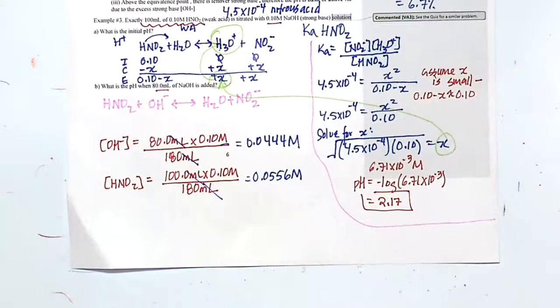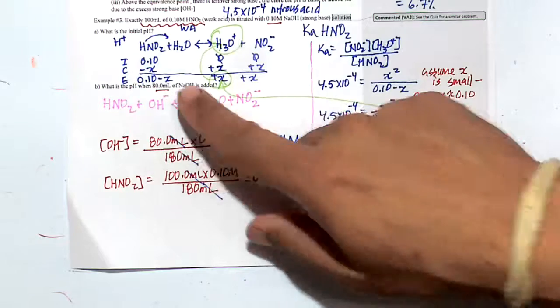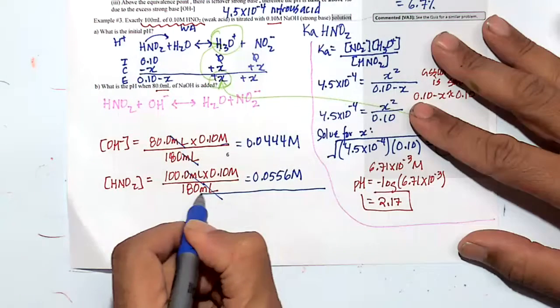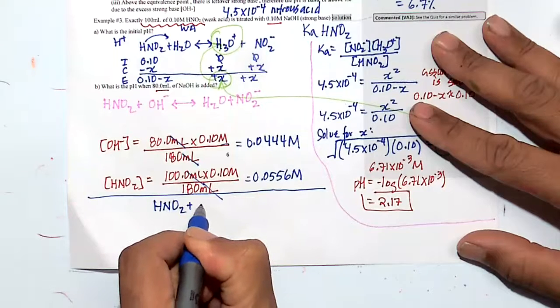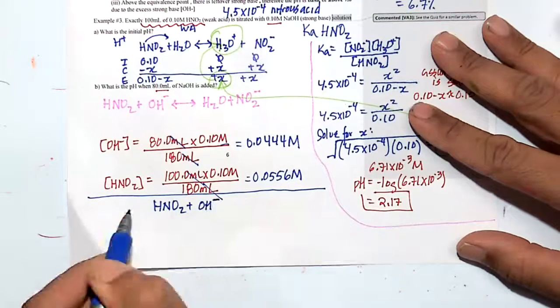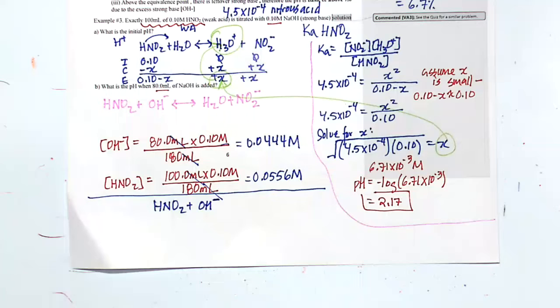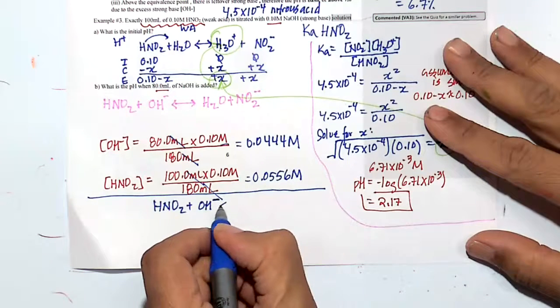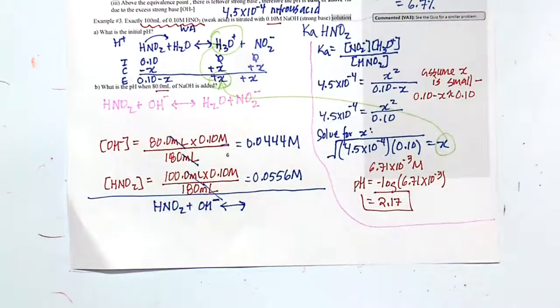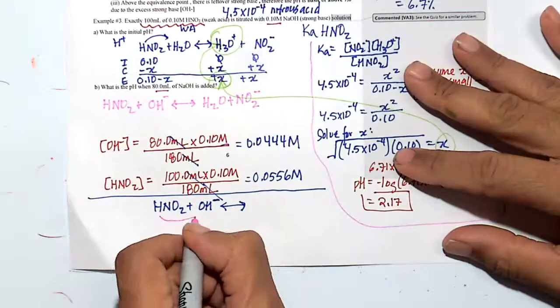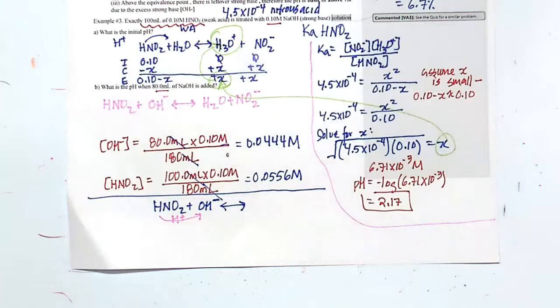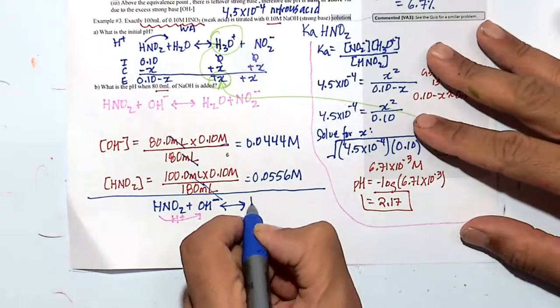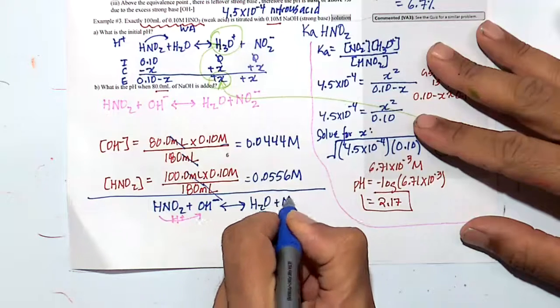All right, so now we'll put that into our ice table. Let me rewrite this equation. HNO2 plus OH minus. Remember, the Na plus is just a spectator ion. The OH minus, a strong base, is going to grab that H plus. HNO2, a weak acid, will also give that H plus, and we are left with H2O plus NO2 minus.